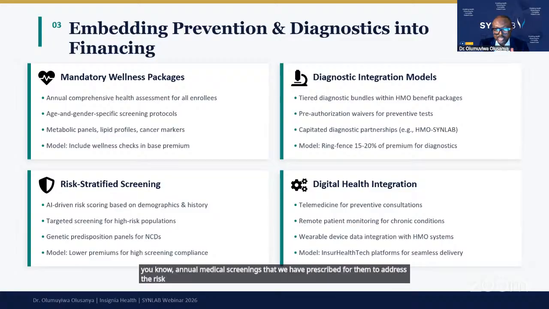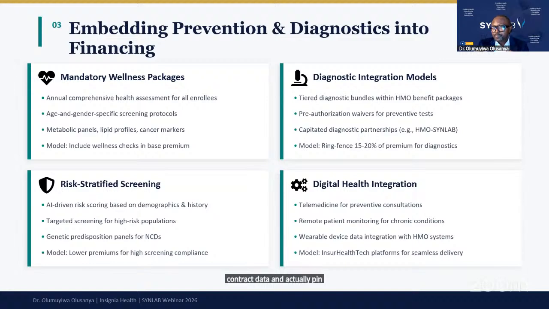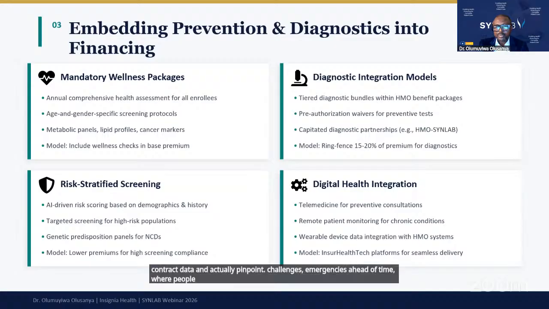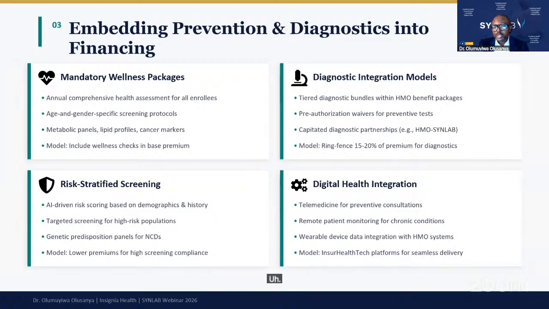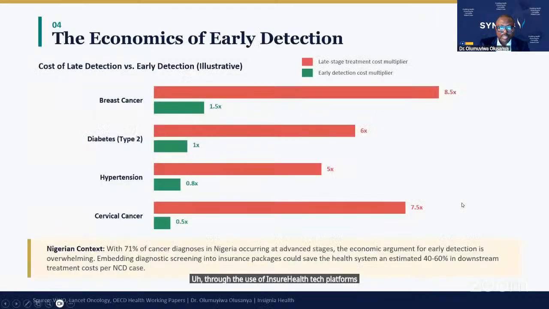Then using technology: telemedicine, remote patient monitoring, and wearables that can track data and pinpoint challenges and emergencies ahead of time, where people can get help through the use of insurtech platforms and all that.